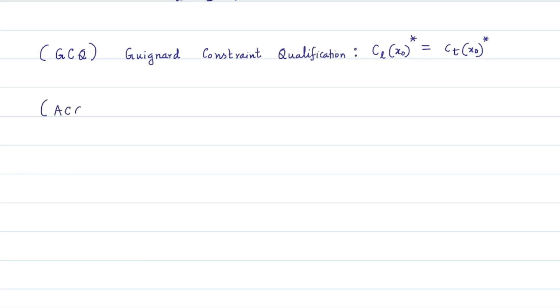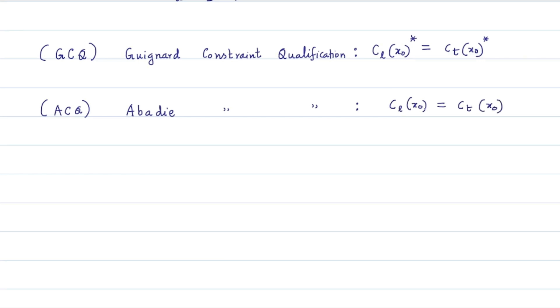The next constraint qualification that I would like to mention is the Abadie constraint qualification, abbreviated by ACQ, which is that the linearizing cone at the point x naught is equal to the tangent cone at the point x naught.